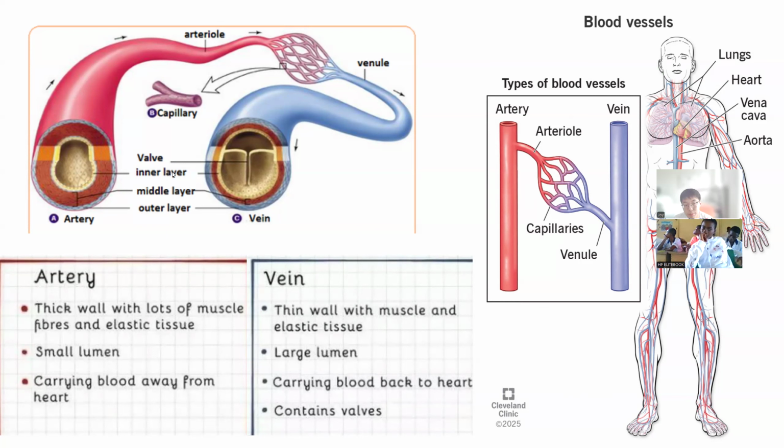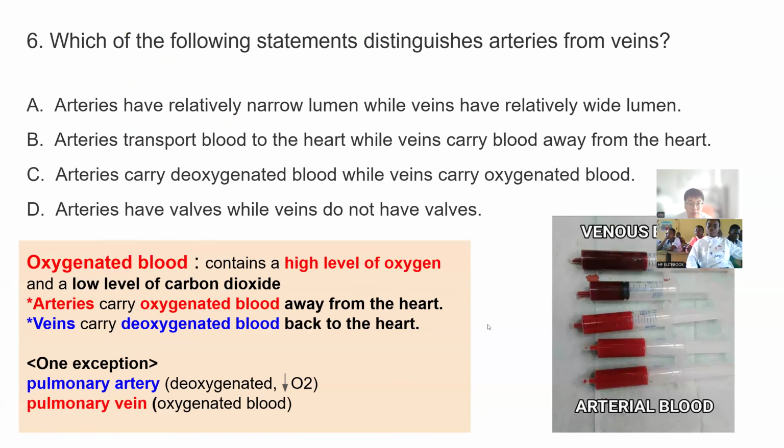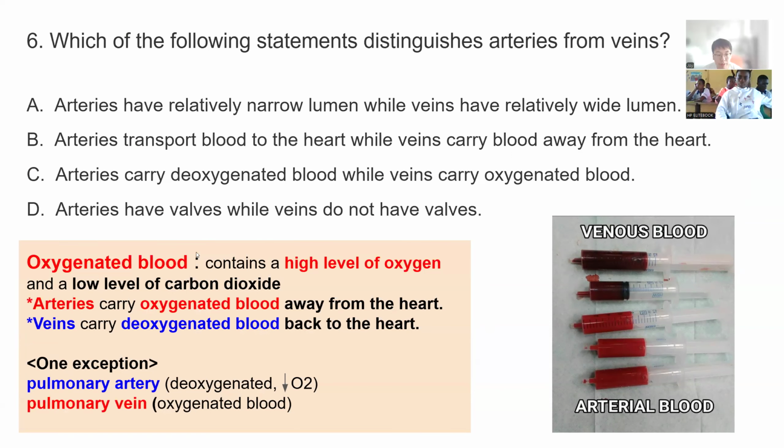The main difference between arteries and veins is that veins are less thick and have valves to push the blood up, and a large lumen. And then we talked about how veins have deoxygenated blood and arteries have oxygenated blood, with the only exception being the pulmonary ones.